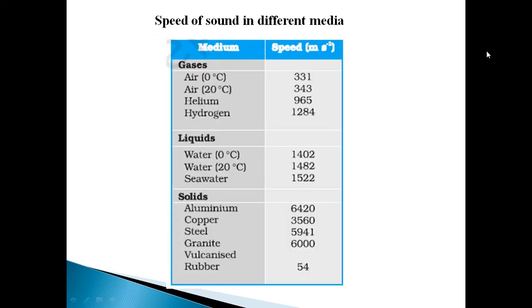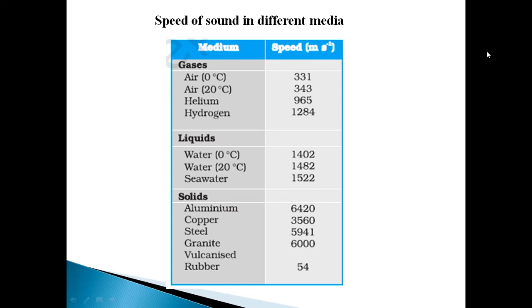Now, this table shows us the speed of sound in different media. Look at the medium: gases, liquids and solids. In gases, we have air. The speed of sound in air at 0 degrees Celsius is 331 meter per second, and if the air is at a higher temperature, the speed increases to 343. Through helium gas the speed is still higher, and hydrogen still higher.